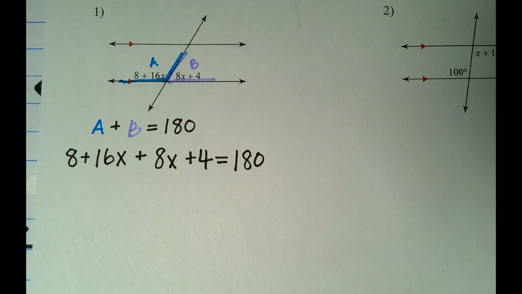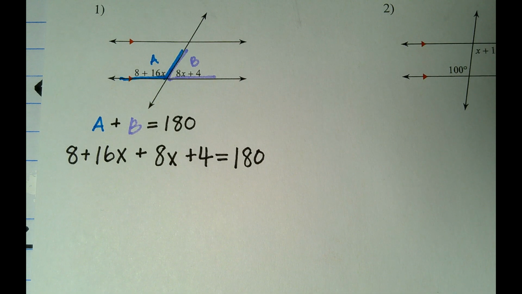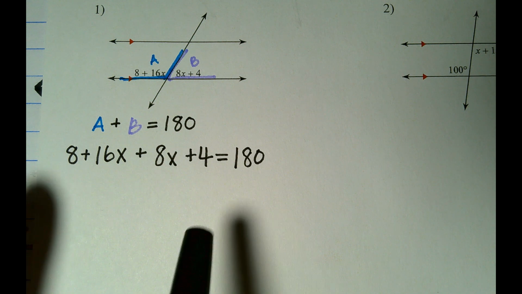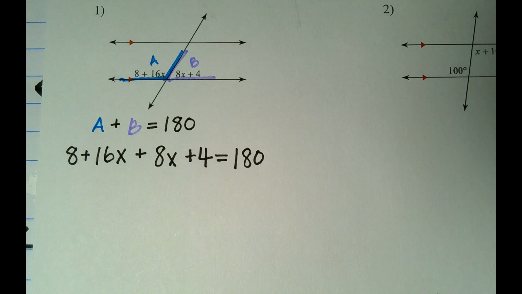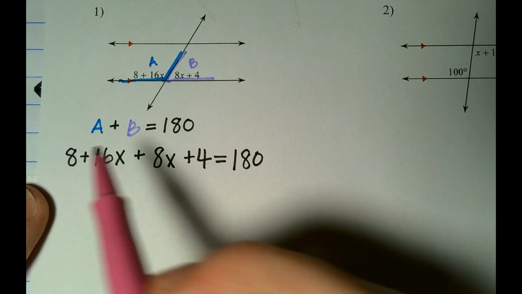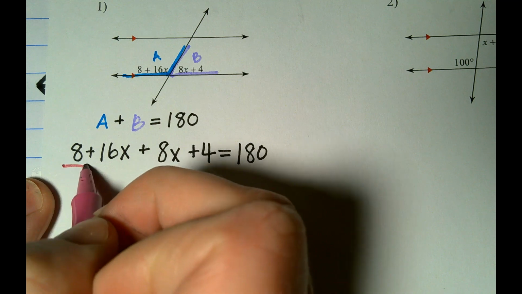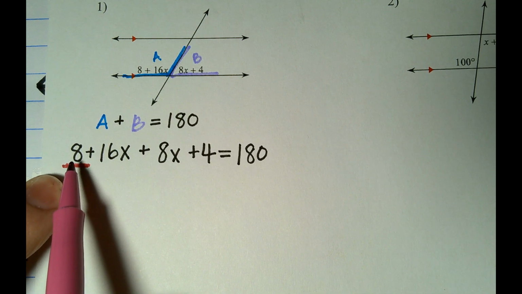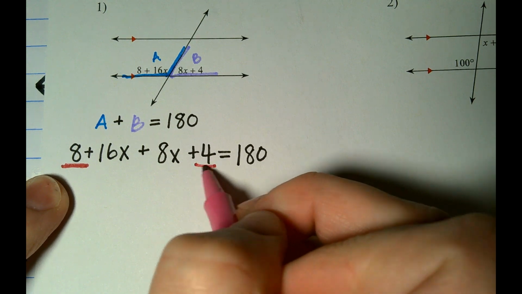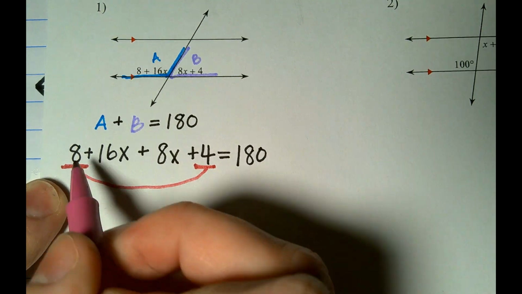Okay, so now we have a big equation written out. Just like we did whenever we added angles together to solve, or whenever we did the segment addition postulate, what is the first step we always need to take? Combine like terms. So let's see. I'm going to just start from left to right. I'll start with 8. Do I have any like terms that I can combine with 8? 4. Okay, so I'm going to put those together. What's 8 plus 4?